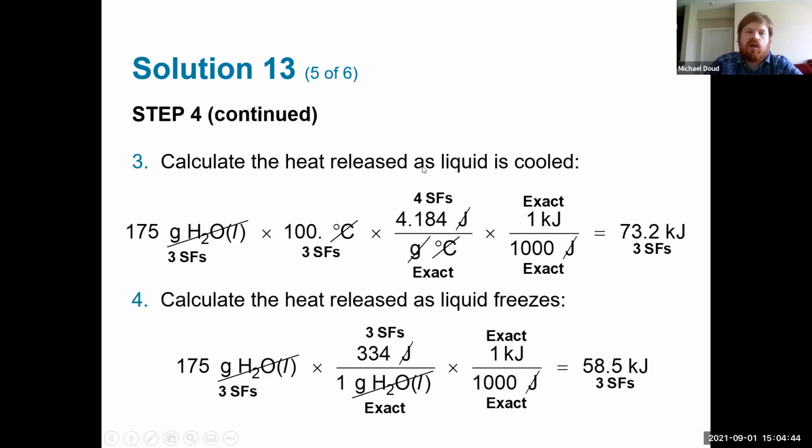Now we can use the specific heat to determine the amount of heat that's released from cooling the water. So that's 175 times 100 times 4.184. Convert it to kilojoules, and that gives you 73.2 kilojoules. Finally, the heat that's released from the liquid freezing, well, that's our heat of fusion, right? So that's 175 grams, again, times 334 joules per 1 gram, converted to kilojoules, and that's 58.5 kilojoules.